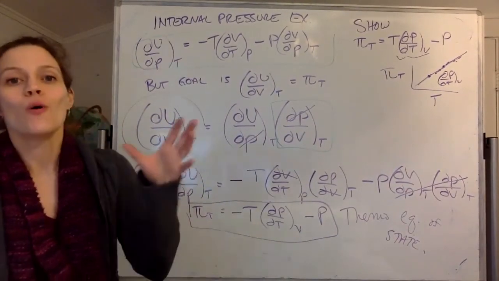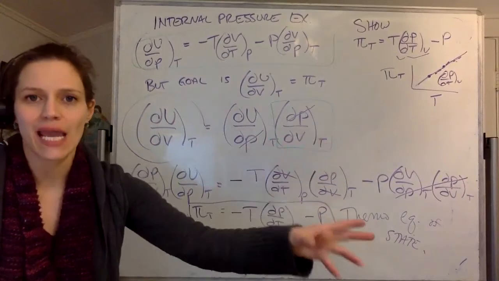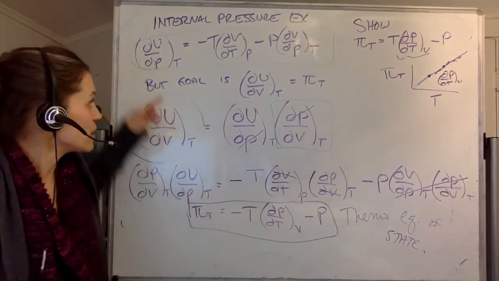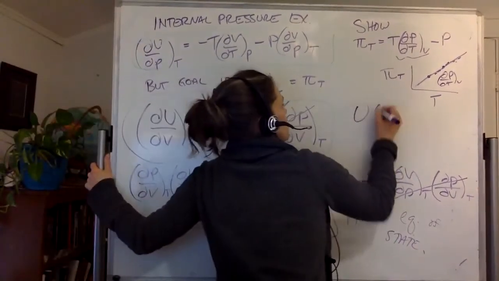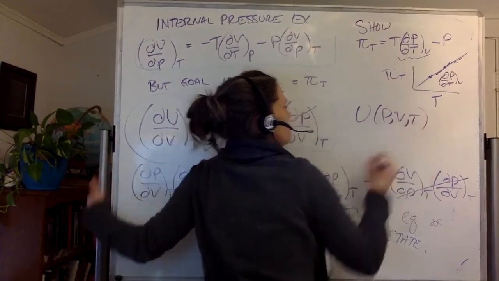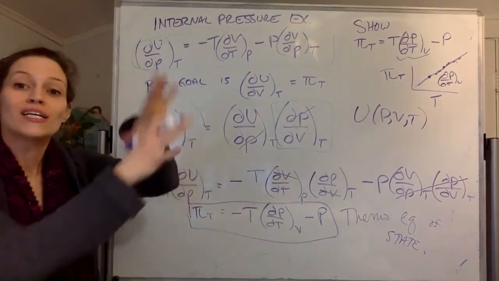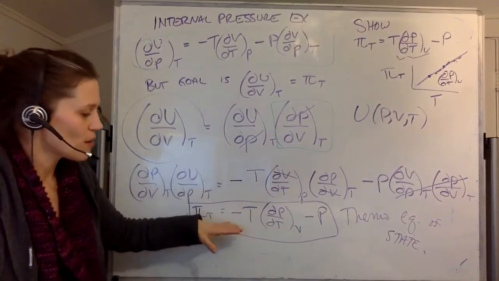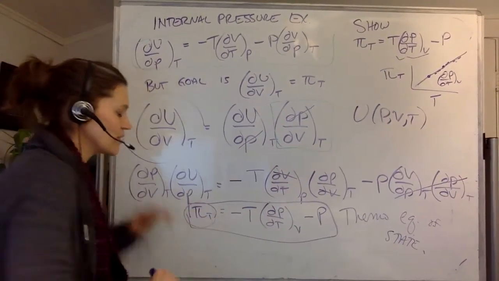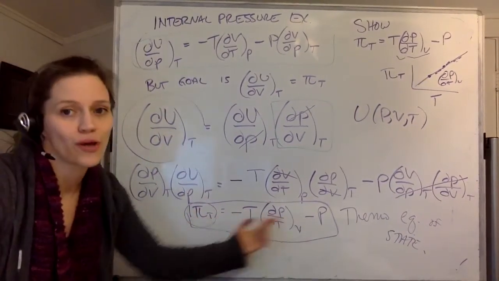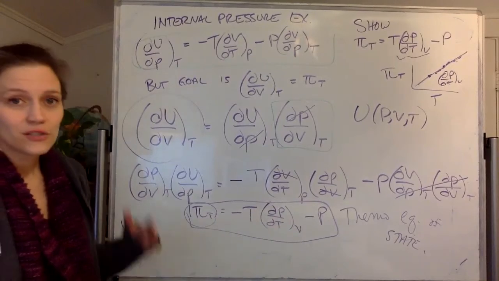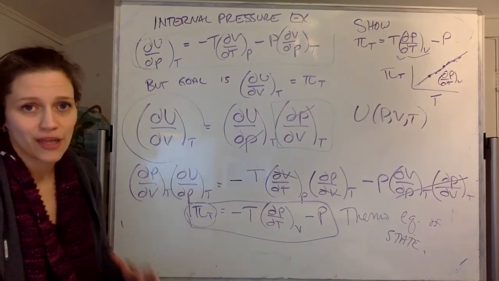But there are so many more equations of state that relate the properties. So U is a function of pressure, volume, and temperature. And if you want to know how pressure, volume, and temperature change on a different surface by changing the properties, you can now learn a lot about the internal pressure of your system, and you have an equation of state to do that. Very, very powerful things.